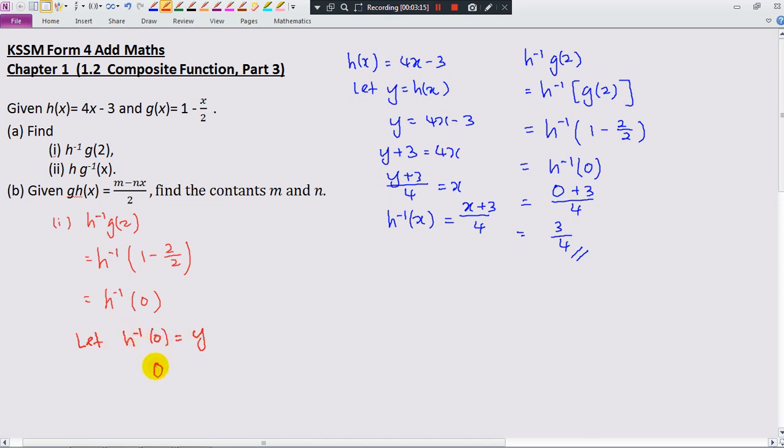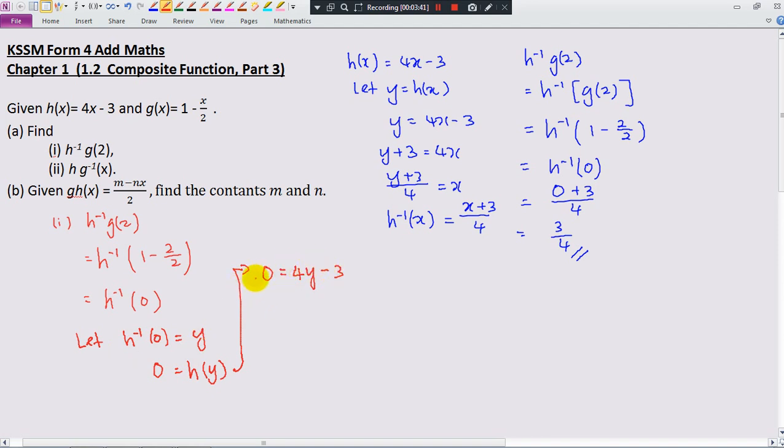So 0 is equal to h of y. h of x is equal to 4x minus 3. h of y will be equal to 4y minus 3. So now I want to find the value of y. Once I have the value of y, then I will get this value.